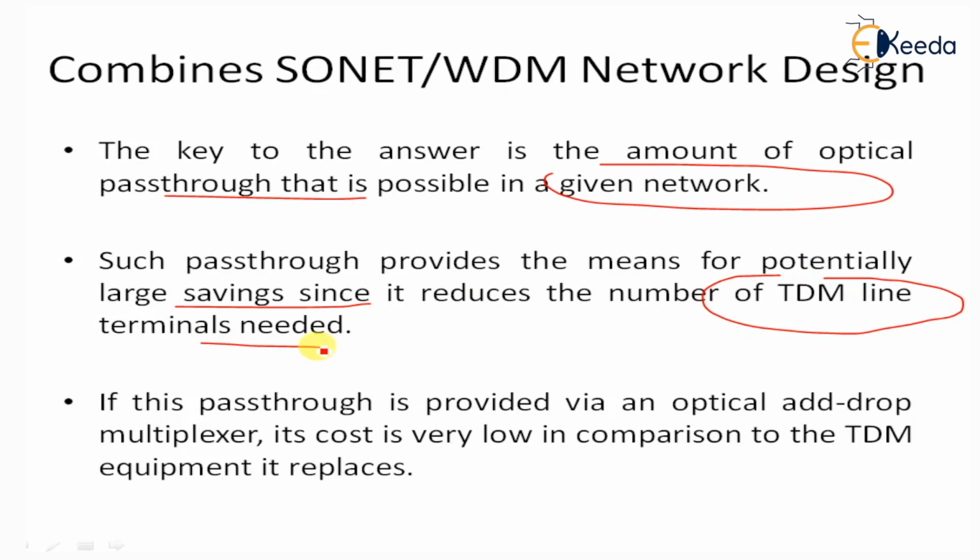If this pass through is provided via an optical OADM, meaning optical add drop multiplexer, its cost is very low in comparison to the TDM equipment it replaces. There are also many other features. It depends on the amount of optical pass through for that particular traffic pattern, but also on how it is groomed.